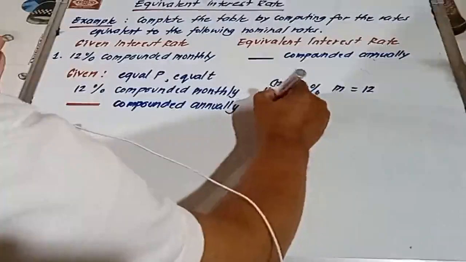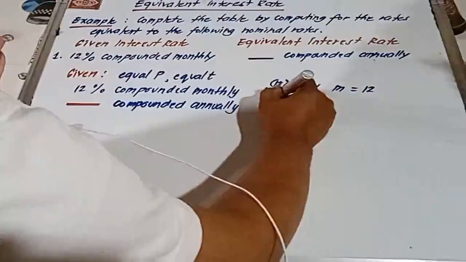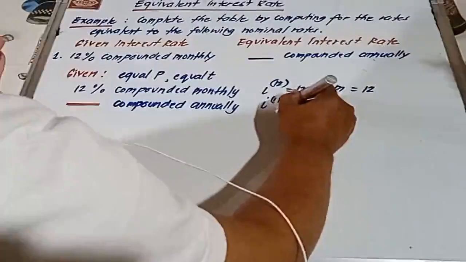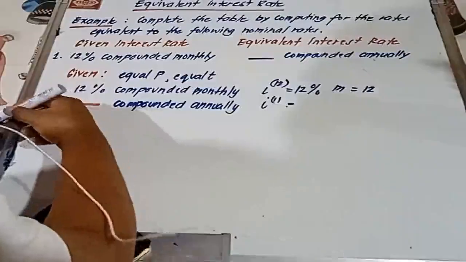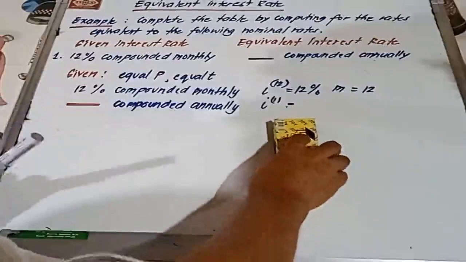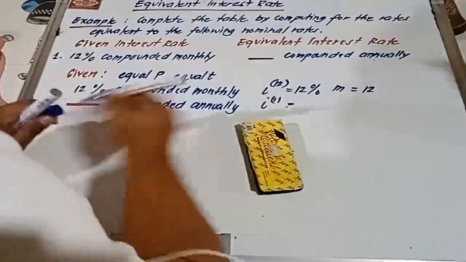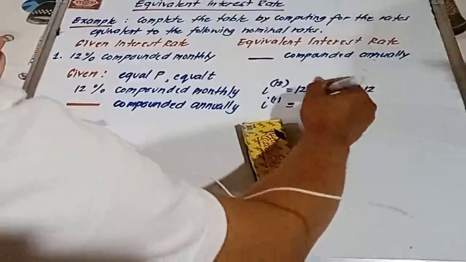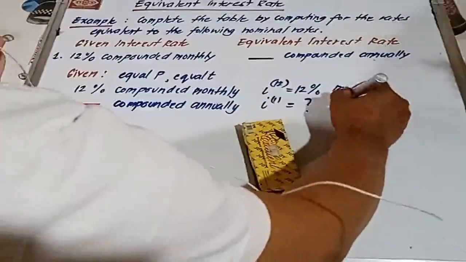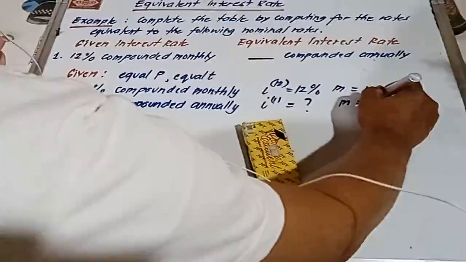So, ang ating hinahanap is I to the first. Yun yung nawawala. And then, ang kanyang M is annually, that is M equals 1. Okay.